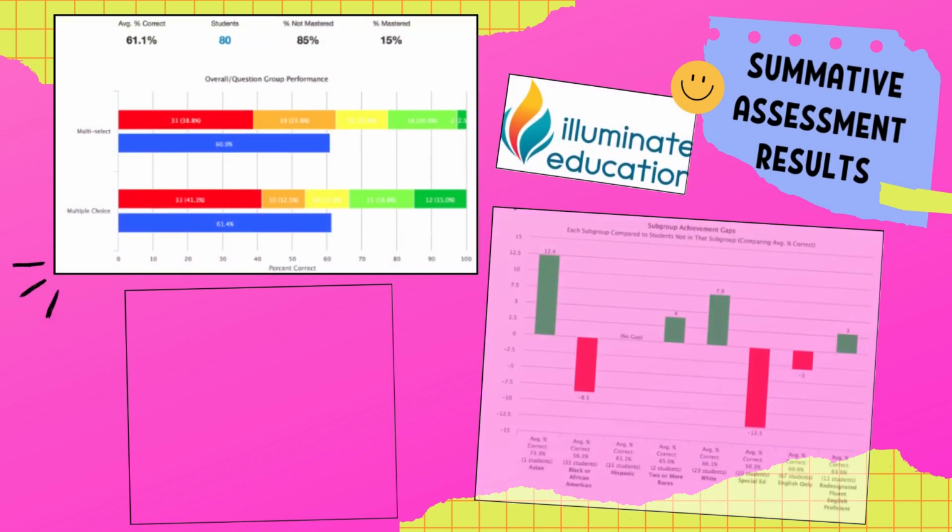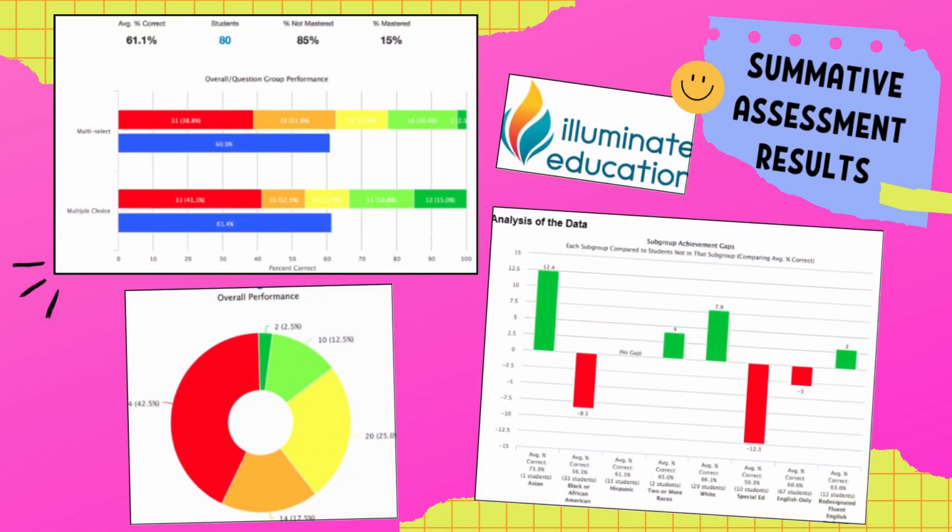In these results, it is evident that there is a large group of students who did not master the content in this unit. Overall, a total of 48 out of 80 students performed at the below basic or far below basic level, which is a 69% or lower.